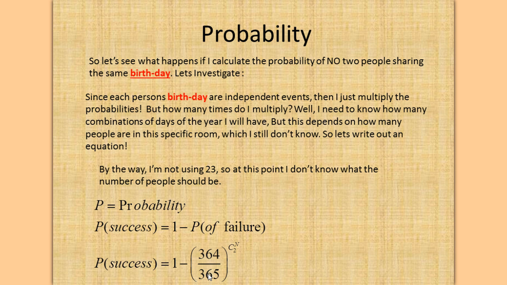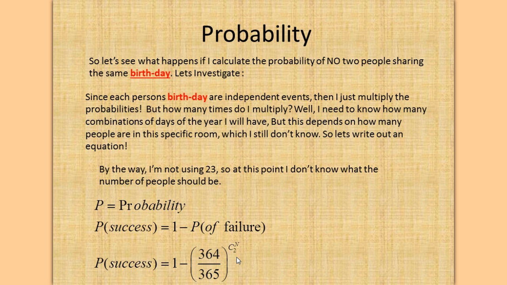But now we said we have to multiply that by some number, and I'll call that number C of n choose 2, or n choose 2. And you'll see what that means later.